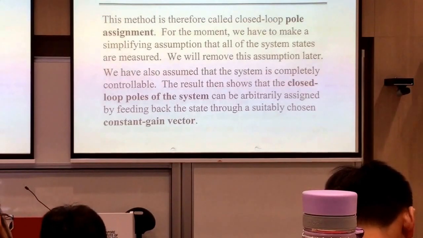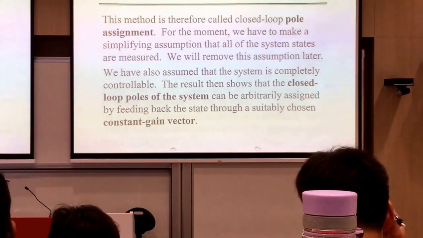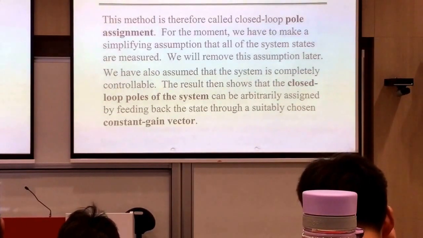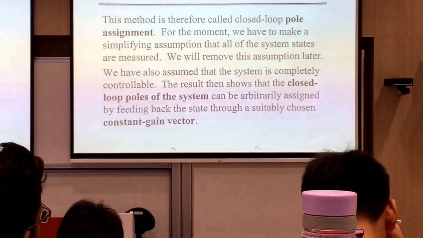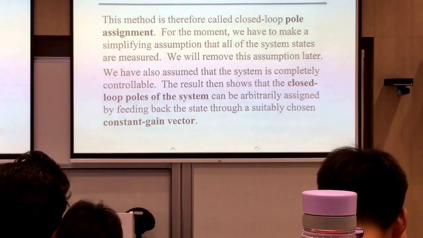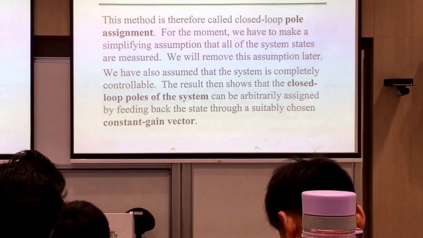How do you do that? You select a suitable constant gain vector K that can place the closed loop poles of the system in arbitrarily assigned desired locations.